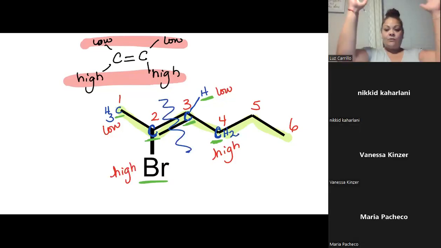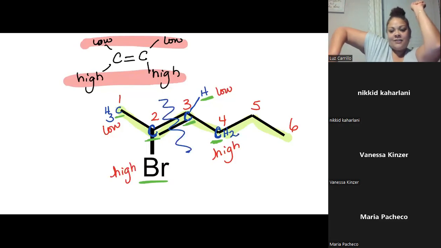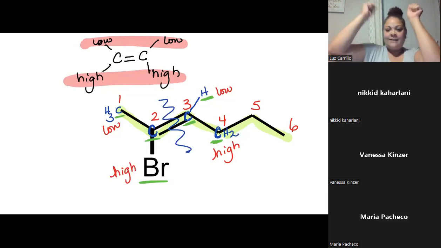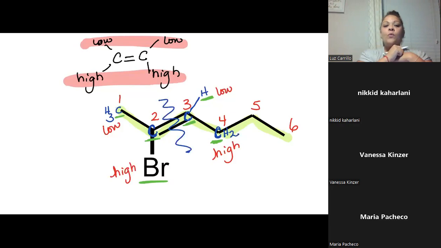So cis is when we have this. I always say that when you're determining cis and trans, it's like cheerleading. This is cis while this is trans. So opposite is trans, this is cis. So when we look at this, my lows are pointing up, the same direction. My highs are pointing down, the same direction.